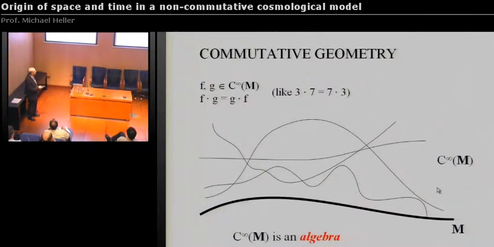So we can do standard geometry of space-time in terms of coordinates, or equivalently in terms of the algebra of smooth functions on the space-time manifold. The second way of doing that in terms of the algebra is perhaps less practical. It's more sophisticated, but it is better as far as generalizations of the standard geometry are concerned.